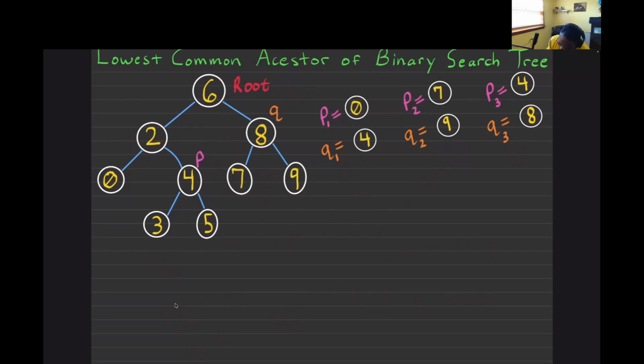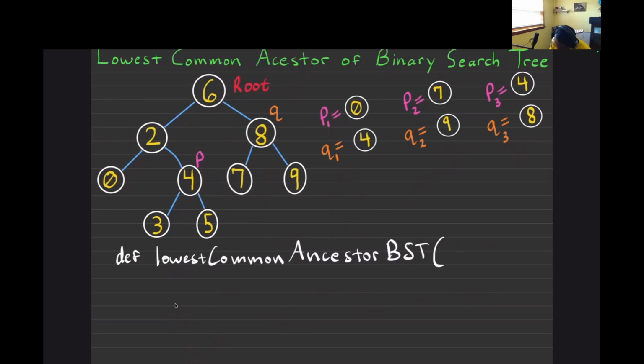Let me go ahead and draw out our function signature and code this up, okay? So we have define lowest common ancestor of a BST, takes in a root, takes in node Q, and it also takes in node P. Okay.